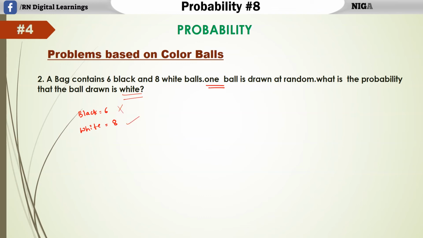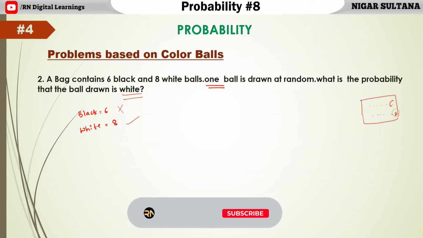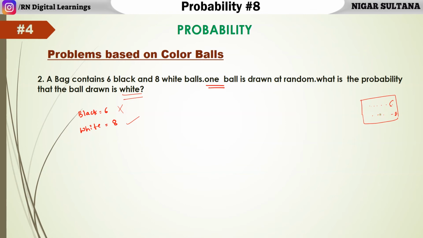Now, first I must write the sample, right? So now in a bag, we have how many black balls? 6 black and 8 white. Now, the condition is only one ball has to be drawn, which is white only. Now, among this, how will I write the sample? So this is my sample, right?